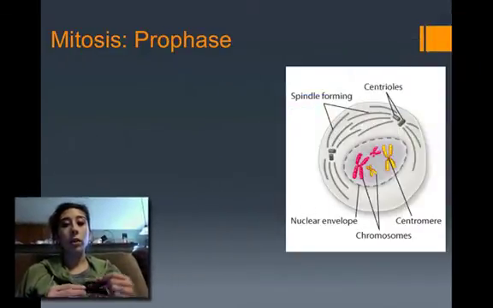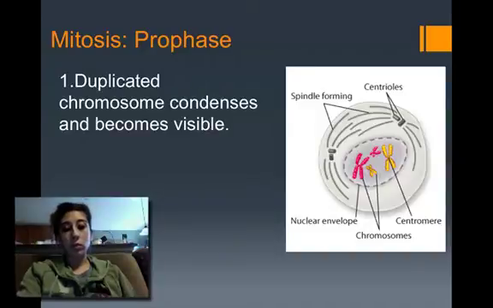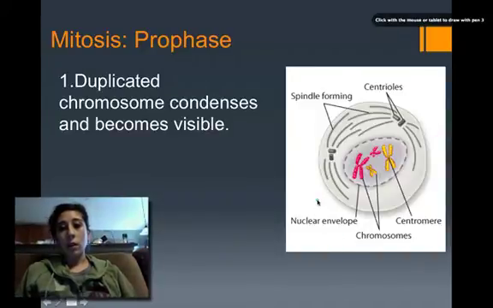So let's start with the first part of mitosis, which is prophase. Prophase is when we begin to see the chromosomes condense and become visible. If you're looking at slides under the microscope, and you see the darkened region within a nucleus, that's what we're looking at.